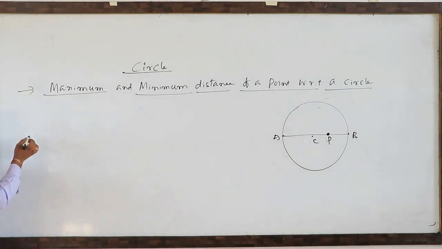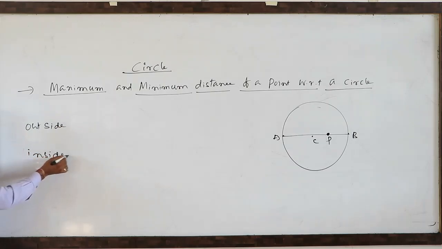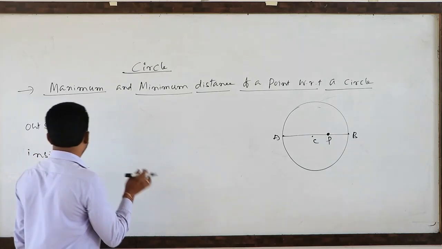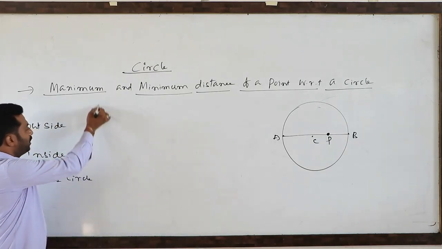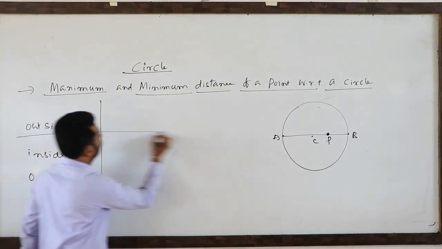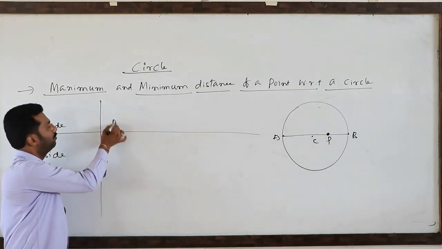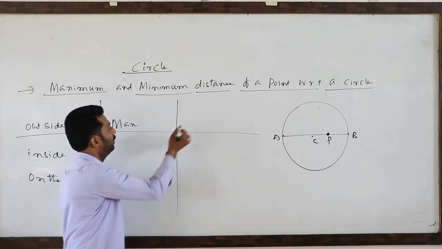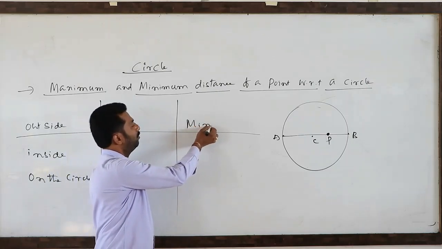The position of the point means outside the circle, inside the circle, on the circle. Outside the circle means what we have written: maximum distance, minimum distance. This is the maximum, and this is the minimum.